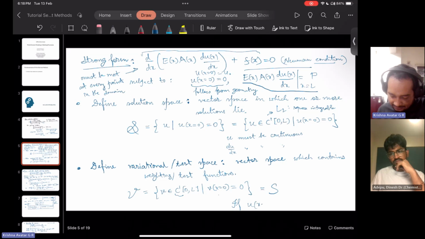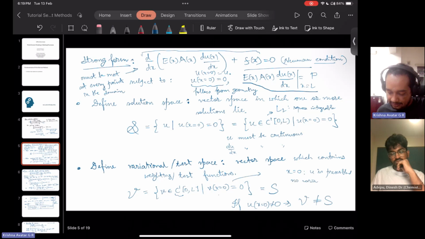If u at x equal to 0 is not equal to 0, then u is prescribed, which means that we cannot take any variation at x equal to 0.